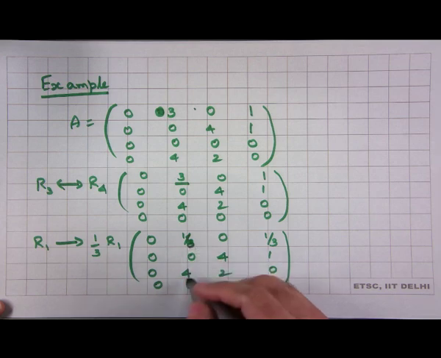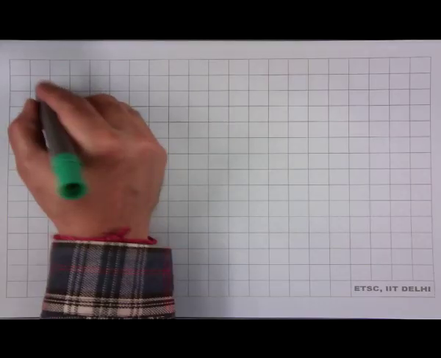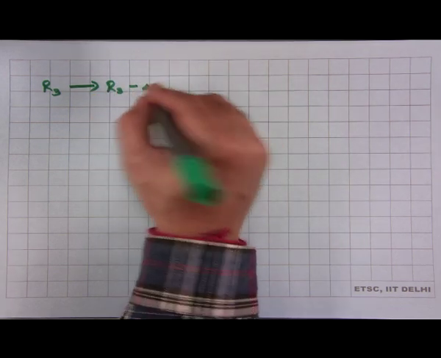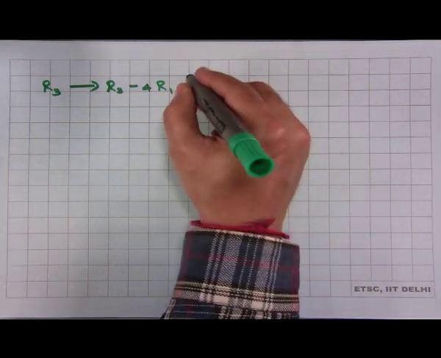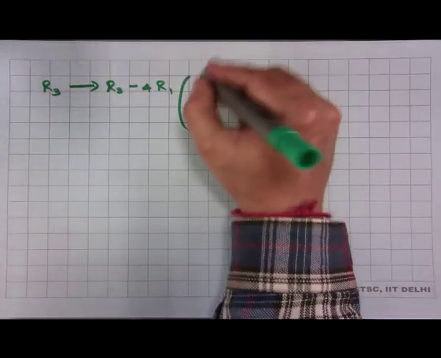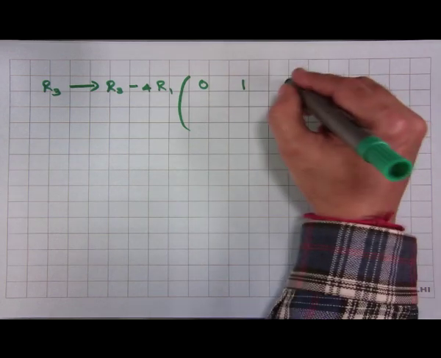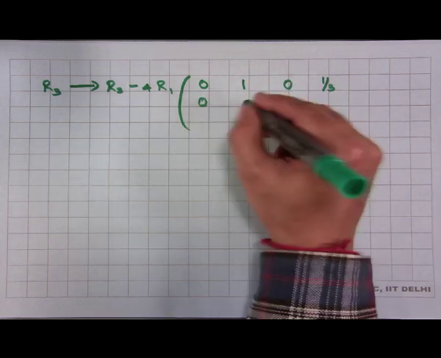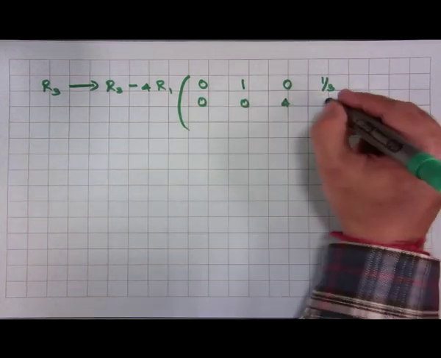Now, let us convert the other element which is in that same column, which is 4, into 0. R3 is replaced by R3 minus 4 times R1. First row remains unchanged, 0 1 0 1 by 3. Second row again remains unchanged, 0 0 4 1.